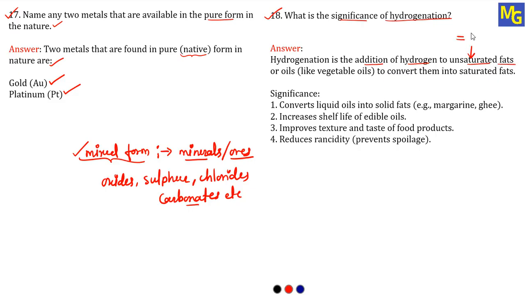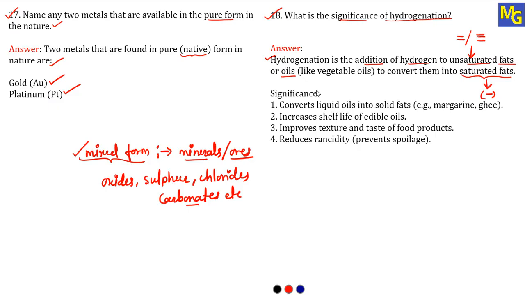The one which has a double bond or a triple bond, that is, it may be alkene or alkynes. So those are called unsaturated. So addition of hydrogen to these unsaturated fats or oils like vegetable oils to convert them into saturated. Saturated means what? Which have only single bonds like alkanes. And such a process is called hydrogenation.